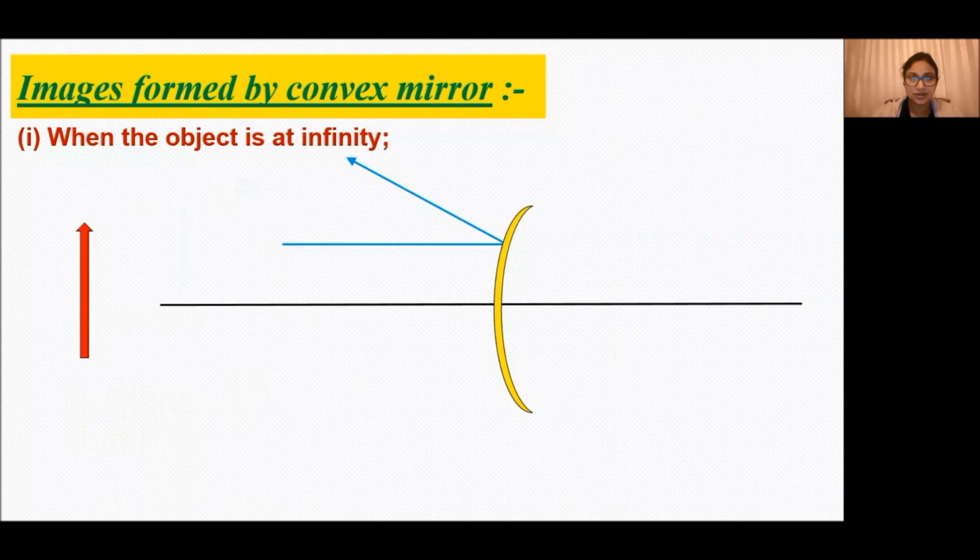After reflection, it is directed towards the focus. Another ray of light passes parallel to the principal axis, directed towards the principal focus. So the image is formed at the principal focus. It is highly diminished, virtual, and erect.